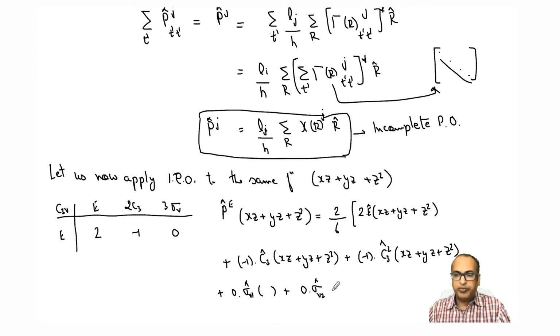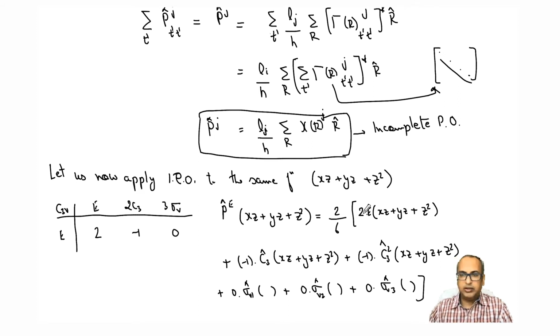Then sigma v2 on the function, plus 0 times sigma v3 on the function, and the bracket is closed. These symmetry operators come because you have R cap over here, which means this R has to operate on the function. The characters are the characters under the symmetry operation R, and then you have li and h.